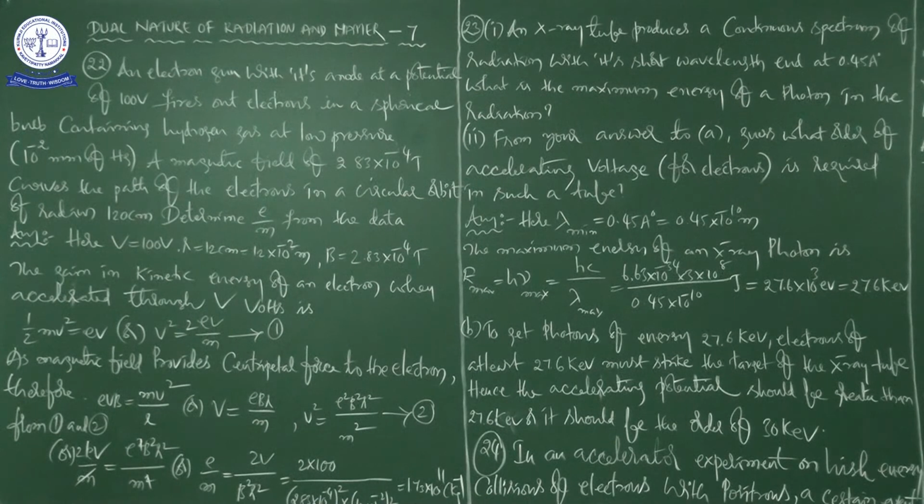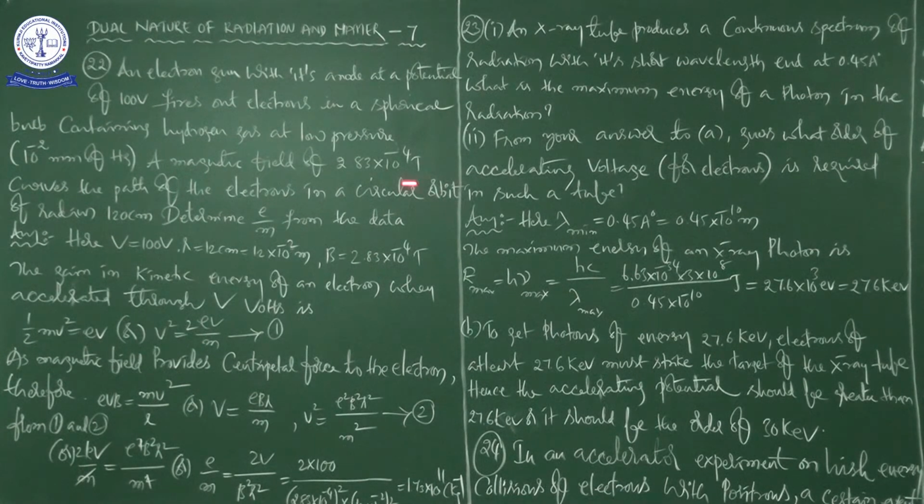But in this situation we got one value: potential 100 volts. Potential V is equal to 100 volts.